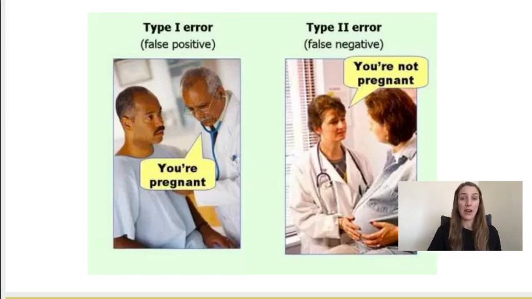So let's take a look at how those errors can come to life. A type 1 error, a false positive, would be someone thinking they're pregnant when they're not, all right? So we have a male doctor telling a man, you're pregnant, all right, a false positive. A false negative would be maybe a doctor telling a very pregnant woman that she's not pregnant, right?